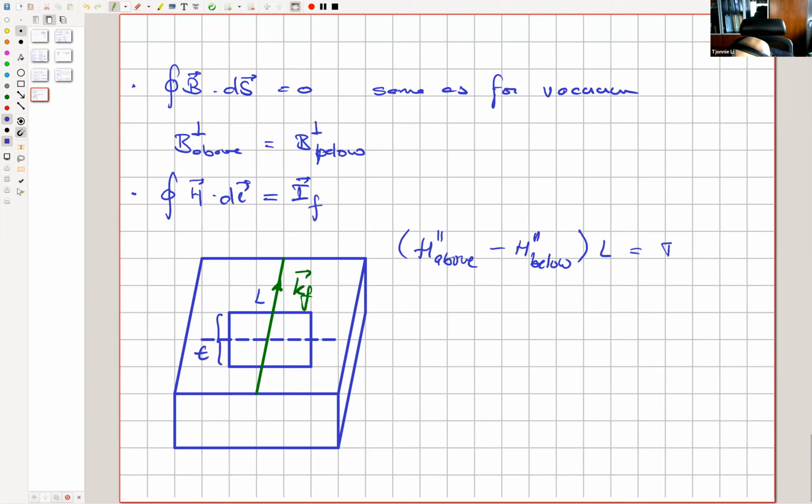Oh wait, it should be K_F. Sorry. It's the surface current times L. And so here again I get H parallel above minus H parallel below equals K_F.